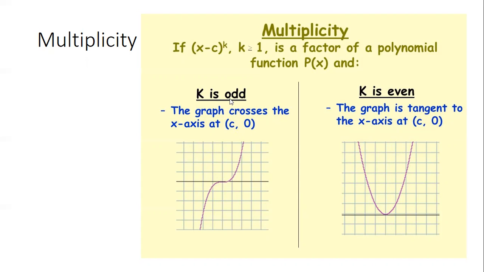We all know our even numbers, right? We don't need to go over that. But if the power of your root is greater than or equal to 1 and it's odd, it's going to cross at the root. If the power of your root is greater than or equal to 1 and it's even, it's going to be tangent, which means it's going to touch the axis. It's going to sit at that exact point.